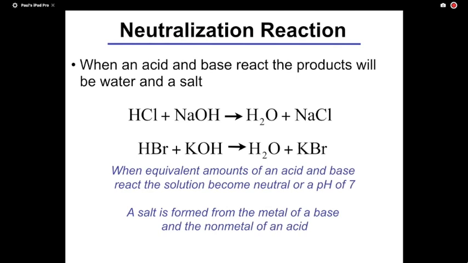Now, acids and bases do a very special reaction. It's called neutralization. I take an acid and I take a base, and I create water and what's left over. What's left over is this cation and this anion. This right here is a salt.